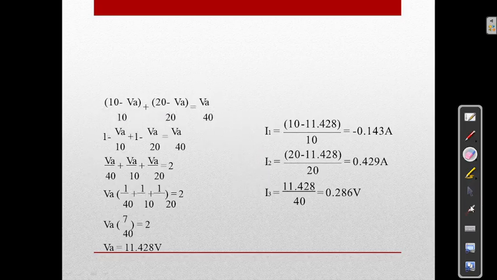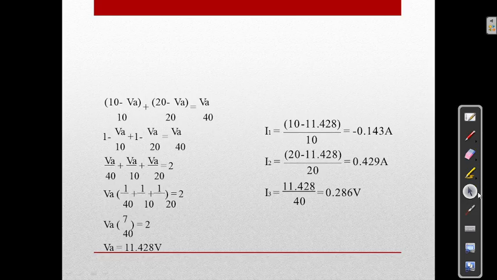Then we take VA as common: 1 by 40 plus 4 by 40 plus 2 by 40 equals 2. Taking 40 as LCM, 7 by 40 times VA equals 2. So VA equals 80 divided by 7. So we get VA as 11.428 volts.